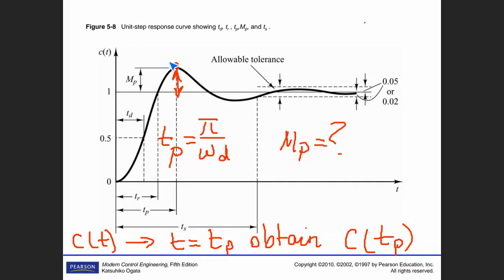So as long as you obtain this point, you can obtain M_p, the maximum overshoot, by putting t equal to t_p and subtracting 1. So we are looking for the distance between 1 and that point. So you are going to solve it.